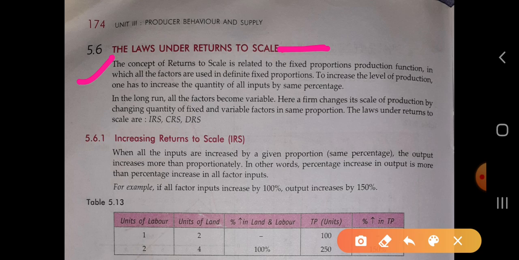So whenever any producer wants to increase the level of production, he or she has to increase the quantity of all inputs by the same percentage. Okay, in the long run all the factors become variable.